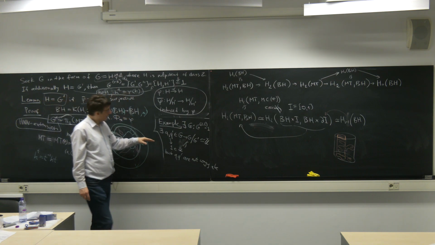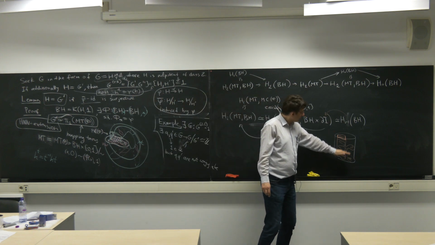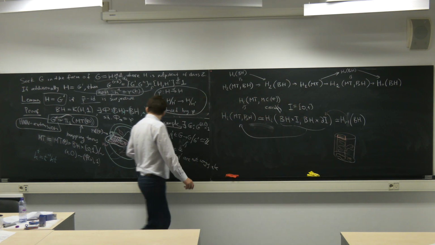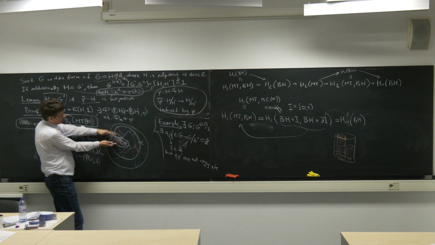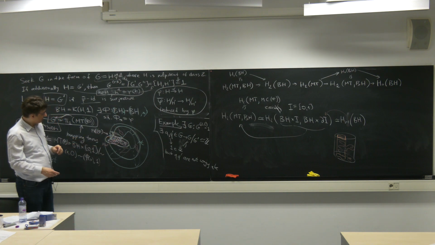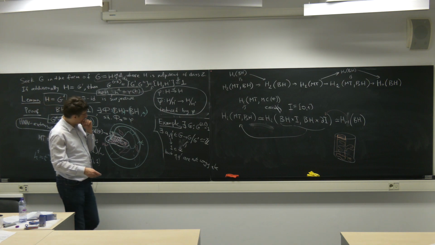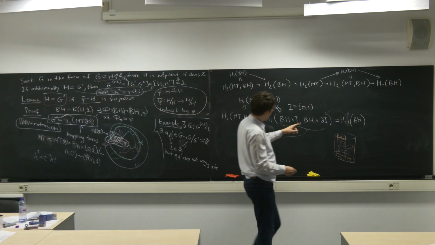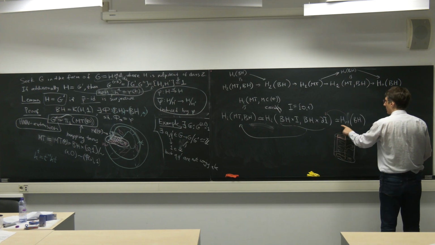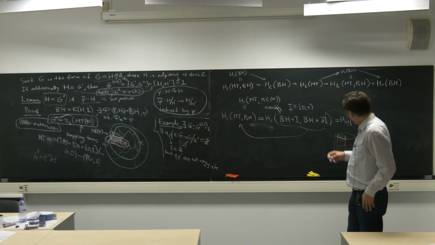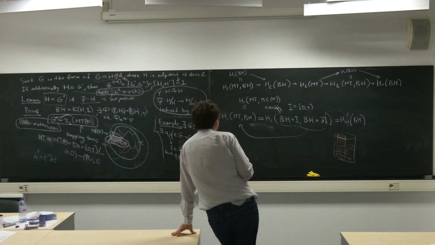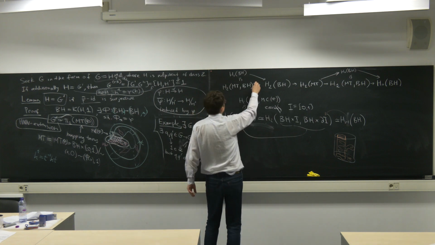We identify the top and bottom of our cylinder with this BH and this BH, but the way they are glued is along phi capital. And this is the boundary homomorphism.